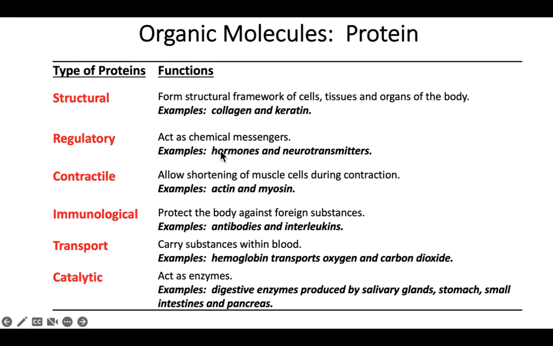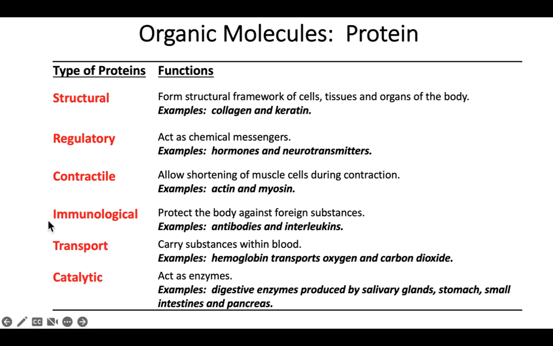Regulatory proteins would be things like hormones and neurotransmitters. They can help contraction. So contractile proteins, when we get to muscle, actin and myosin proteins. They function in our immune system. You might have heard of antibodies. Antibodies help us fight against foreign substances like viruses and bacteria.